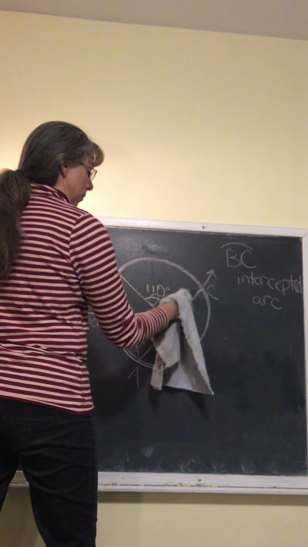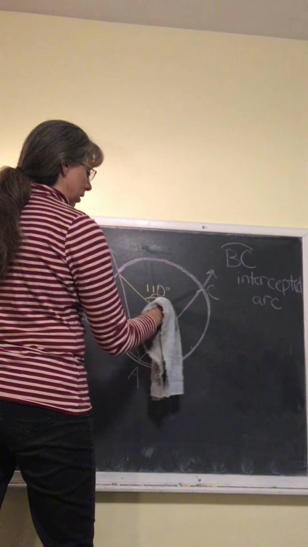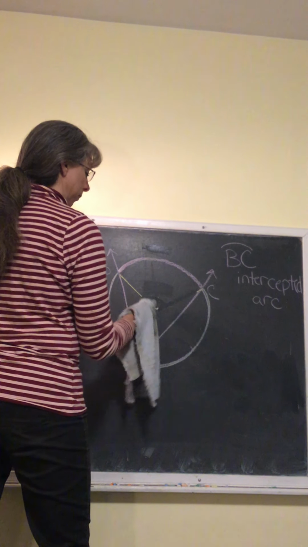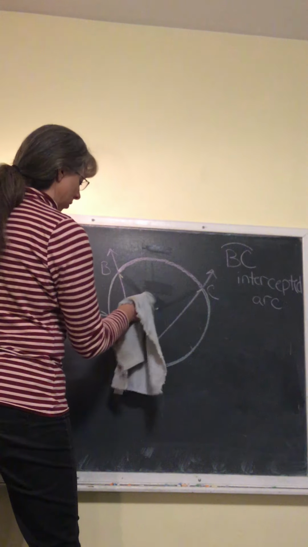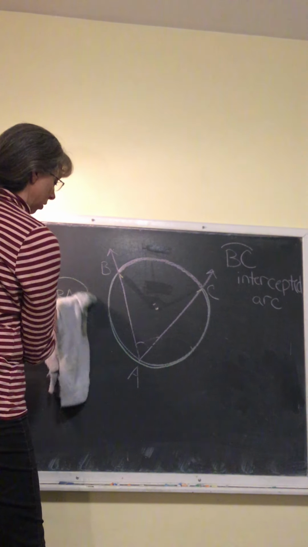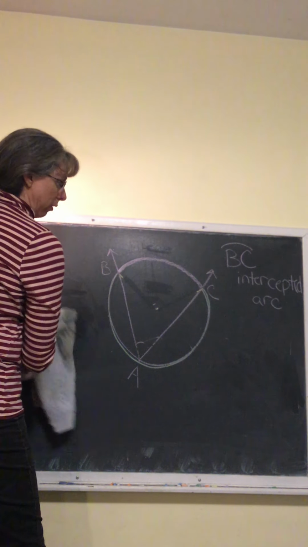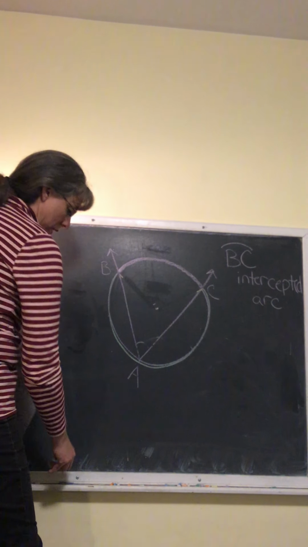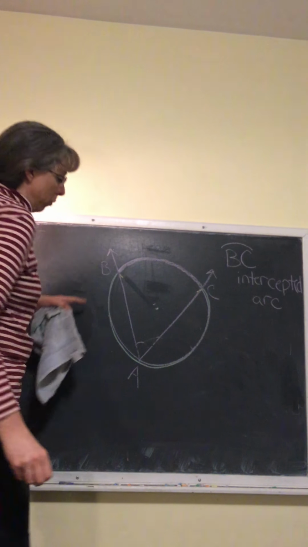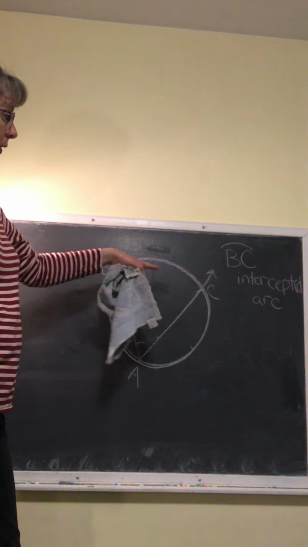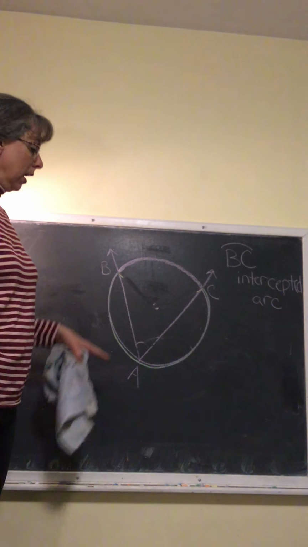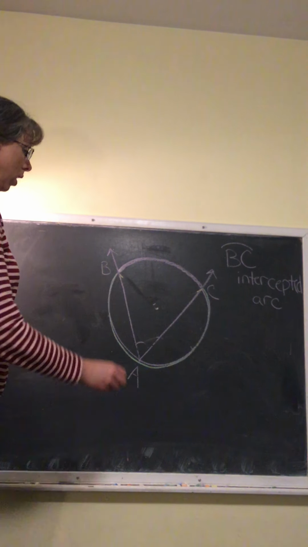So I'm going to erase some of these extraneous parts that I've got here, so our diagram's a little bit easier to see. So kind of back to the more original picture where we have the one intercepted arc BC and our angle A, which is inscribed.